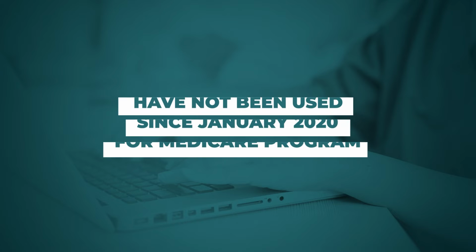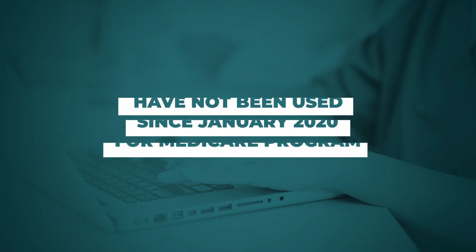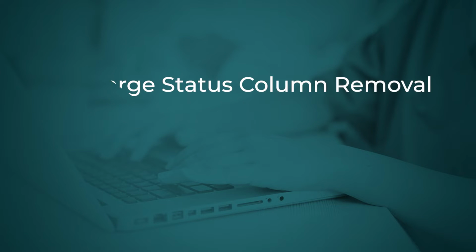These 2 items have not been utilized in any of those capacities since January of 2020 for the Medicare program. These items may have continued to be utilized in other private insurance plans, etc., but they have been discontinued for use in Medicare and will be removed from the OASIS.